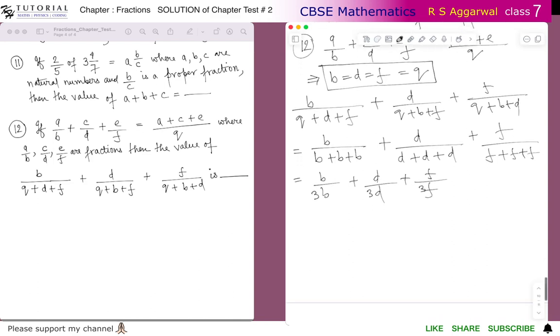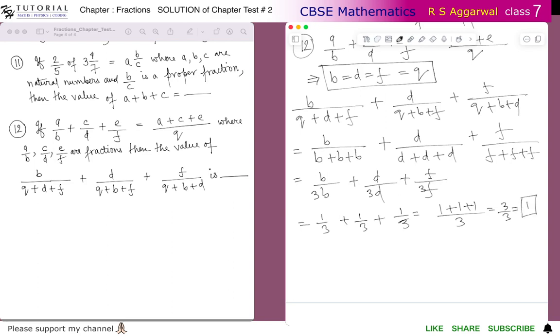We can cancel out b in the first term, d in the second term and f in the third term. This becomes 1/3 + 1/3 + 1/3, which is (1 + 1 + 1)/3, that is 3/3, which is 1. So 1 is the correct answer.